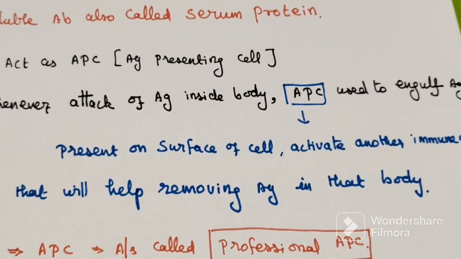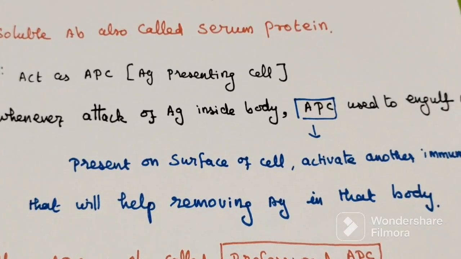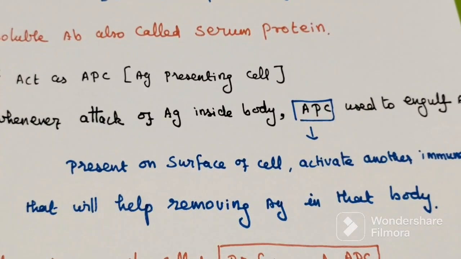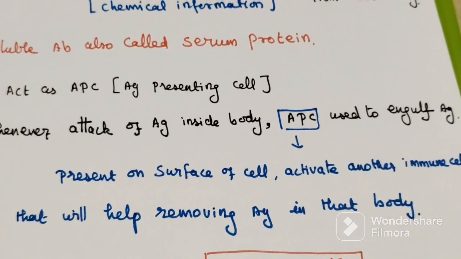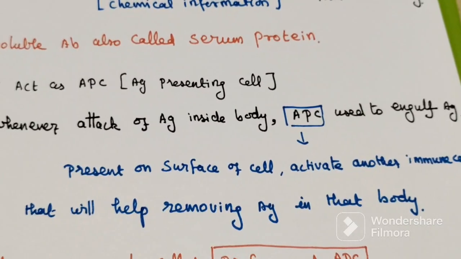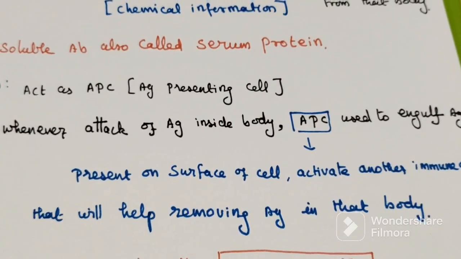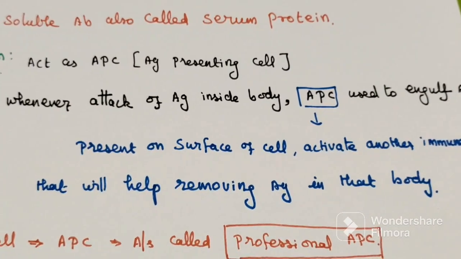Finally, the antigen presenting cell on its surface activates another immune cell that helps in removing that antigen from the body. Since we are thinking only of B cells here, they are called professional antigen presenting cells.